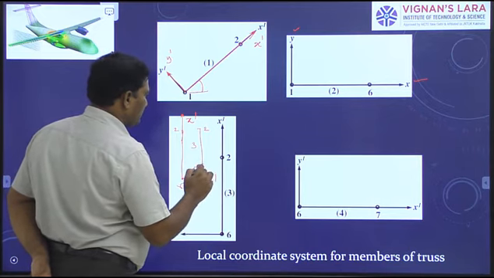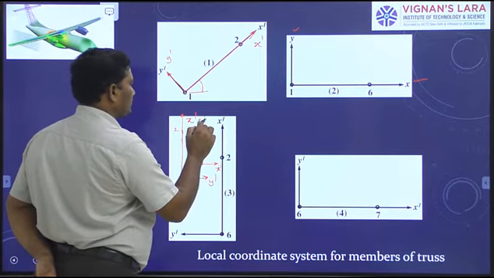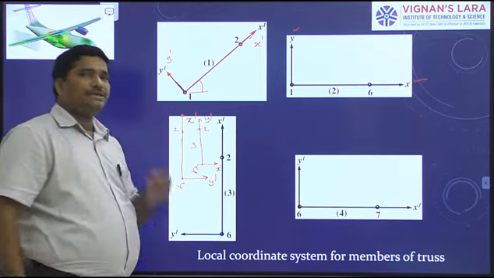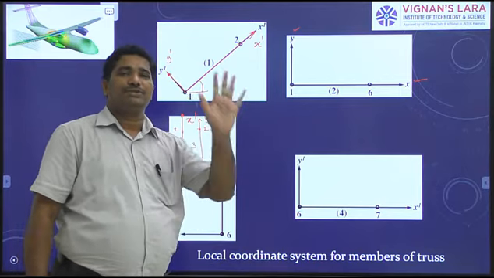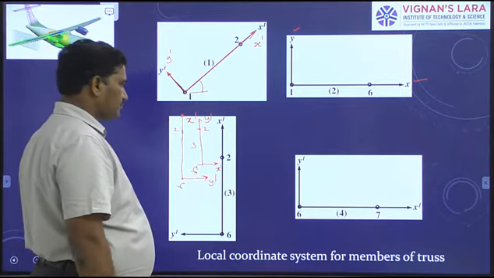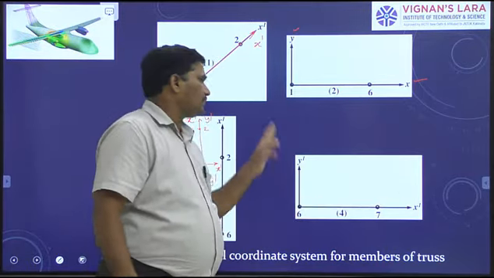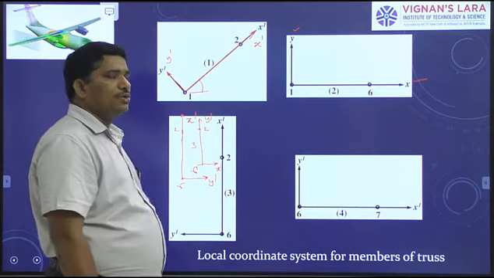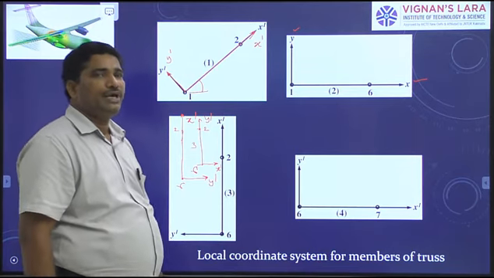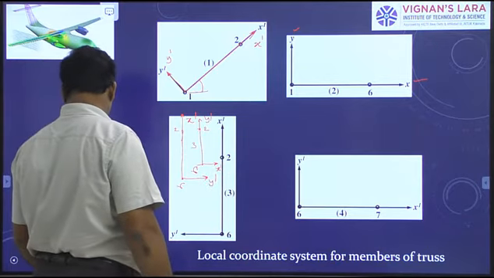I take X dash axis like this and Y dash axis like this. Each element must have a separate local reference frame. That is what we have to understand. For element 4, I take local reference frame like this. So when we consider the local coordinates to specify the points on the elements of the structure.